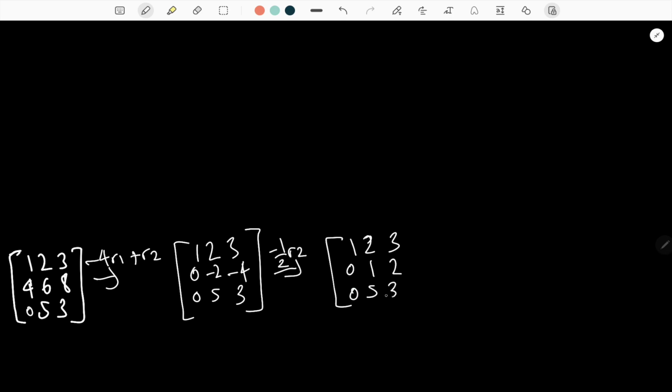And the last row stays the same. So now for this last step, we can use the second row to eliminate the 5, since this is violating the first condition of REF.